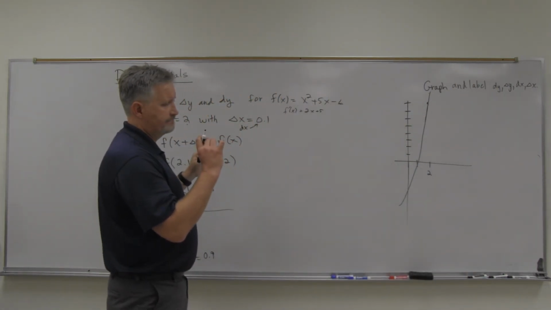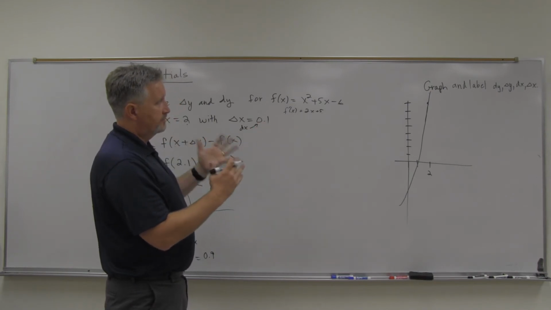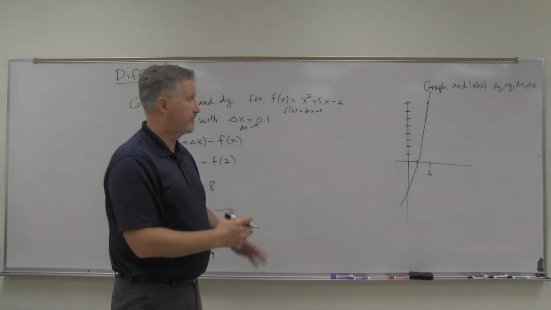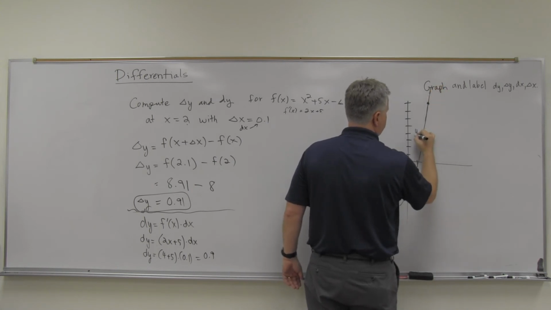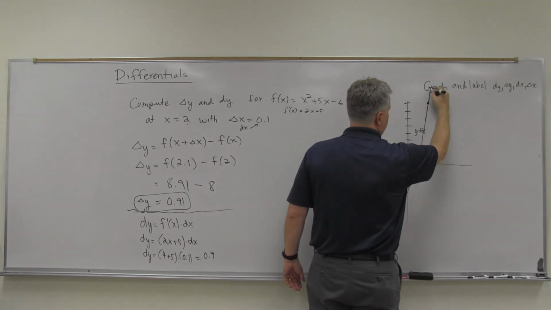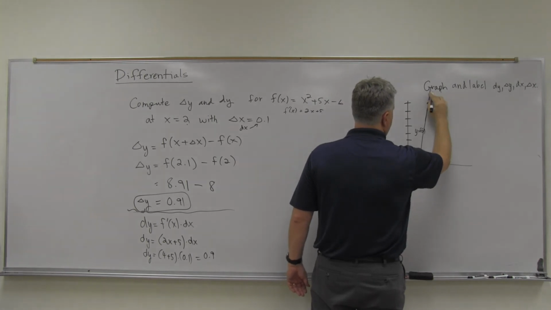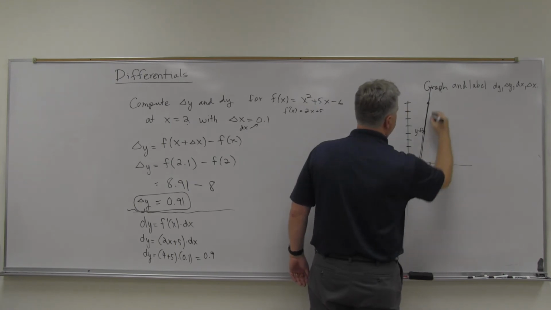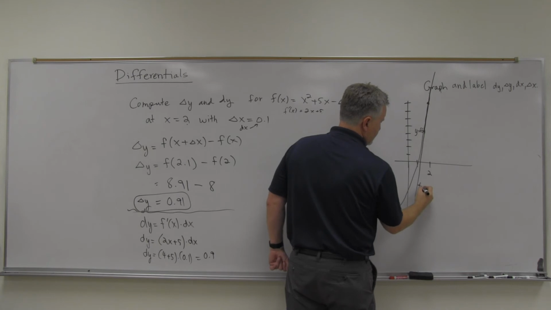Now the dy, the delta y, well, dx and dy, those depend on the tangent line. So you just sketch in your tangent line as well. So this is the function graph, and I also went in to do the tangent line, which is going to be the tangent line at 2.